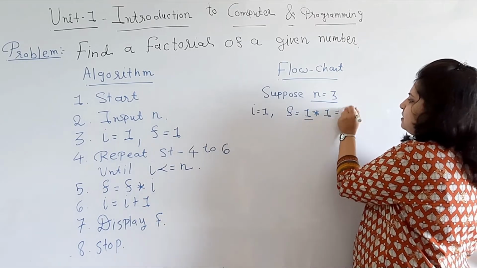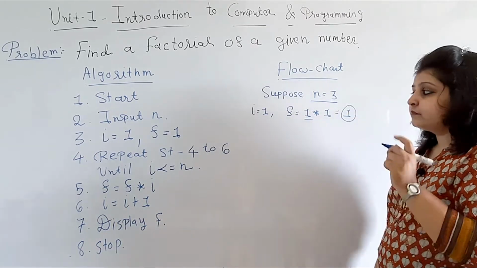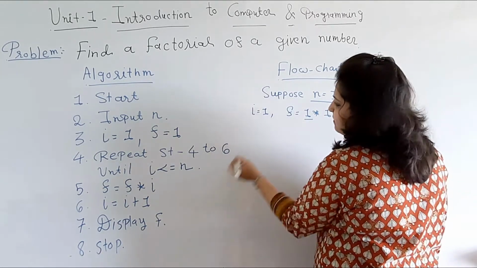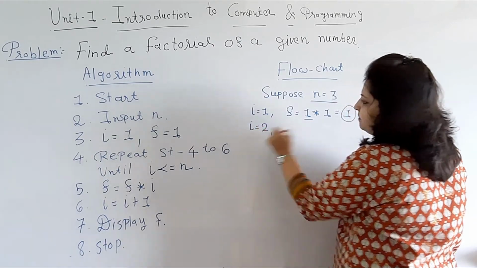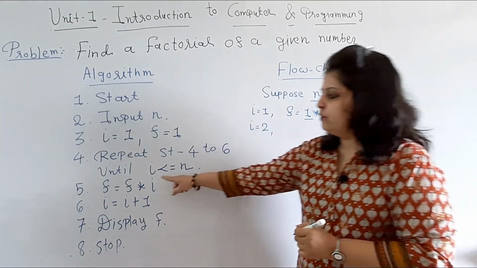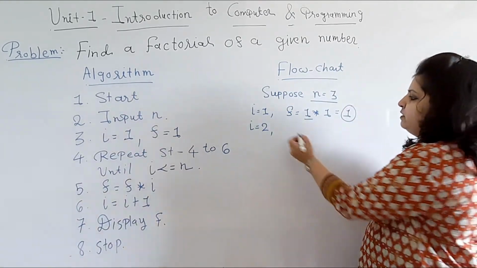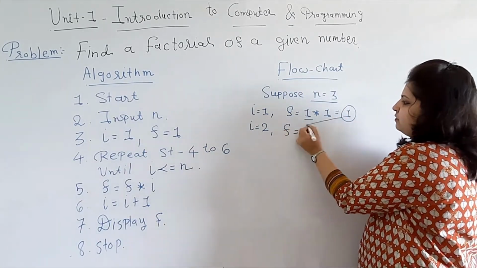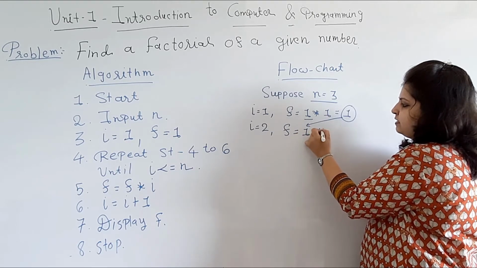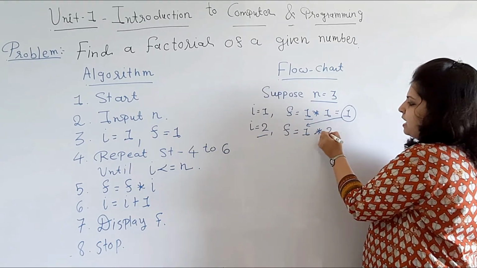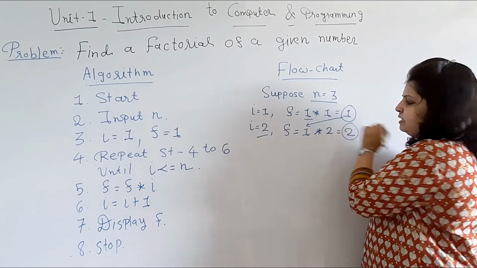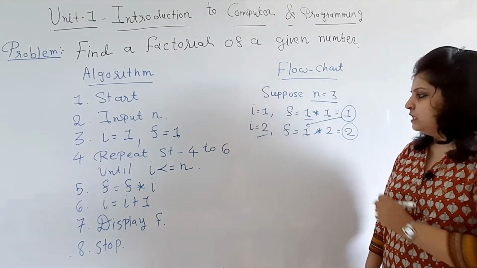So our answer is 1. Now i is equal to i plus 1, so i becomes 2. Check the condition 2 less than or equal to 3, condition true. So again f is equal to f into i. Now it will take 1 as the updated value and our i value is 2. So 1 into 2 we get the answer 2.